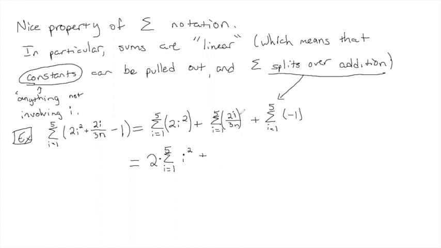Now what is the thing that I can pull out? Well, again, anything not involving I can come outside the sum. So what in this case can come outside is 2 over 3n. And on the inside, I have I equals 1 to 5, and just I is left.